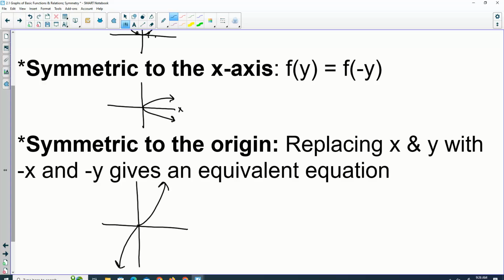Do you guys see what I mean by that? So it takes two flips. If you're looking at your points, they're total opposites. This is positive 1, positive 1. This is negative 1, negative 1. You have to change both the x and the y signs when you do that. So that's where we will pick up tomorrow, really going into that symmetry piece.